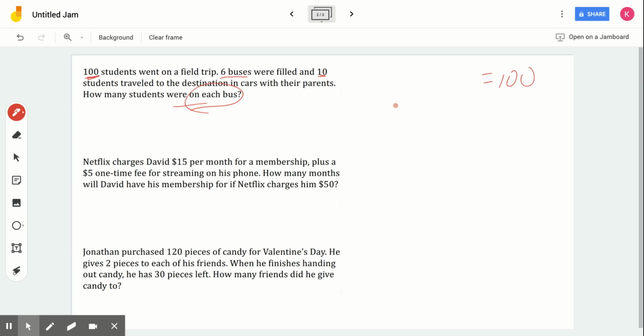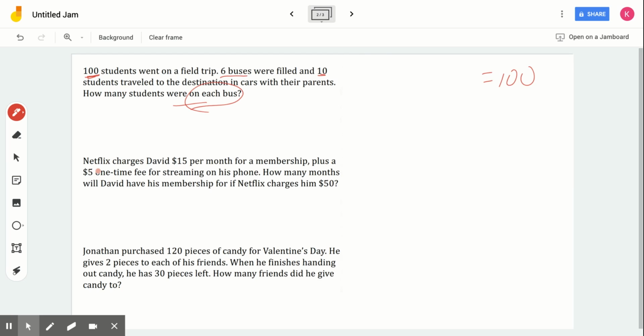So the bus is going to be our variable. So I'm just going to use B for bus here. So we have 6B plus the additional 10 students is going to equal 100.